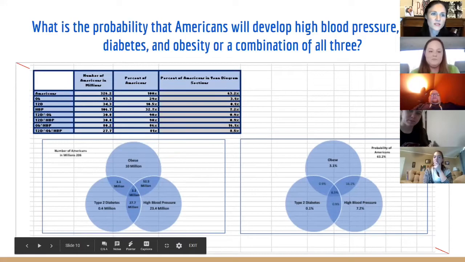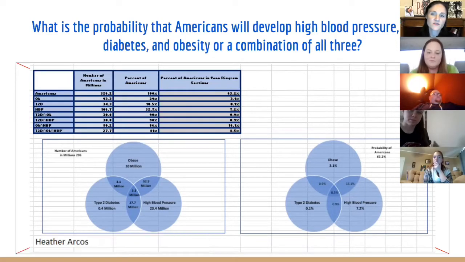What is the probability that Americans will develop high blood pressure, type 2 diabetes, and obesity, or a combination of all 3, Heather? Thank you for asking. The probability that they would develop high blood pressure is about 7.2%. They could develop type 2 diabetes at a 0.1% probability and obesity at 3.1%. And then we look at the chance of them developing different combinations.